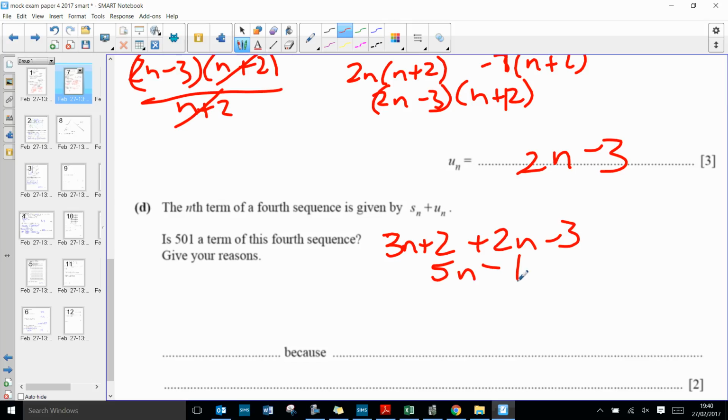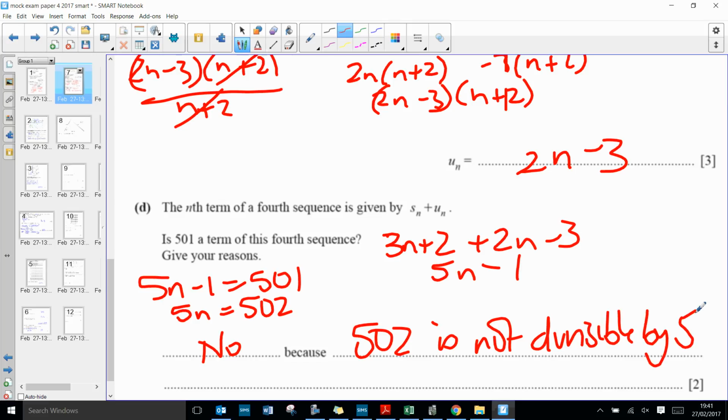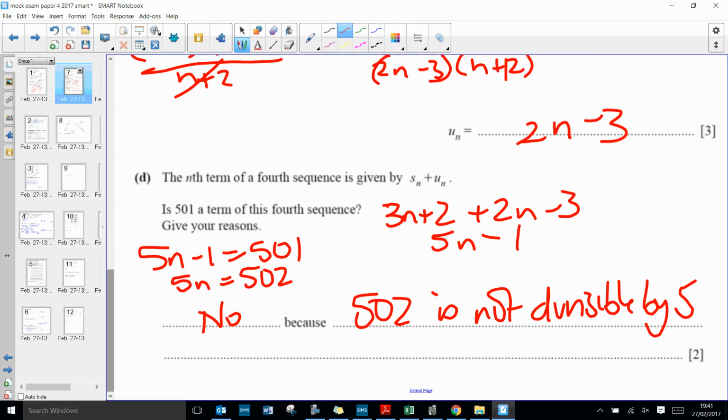Is 501 a term of this fourth sequence? So no, because 502 is not divisible by 5. Or n would not be a whole number, something of that nature.